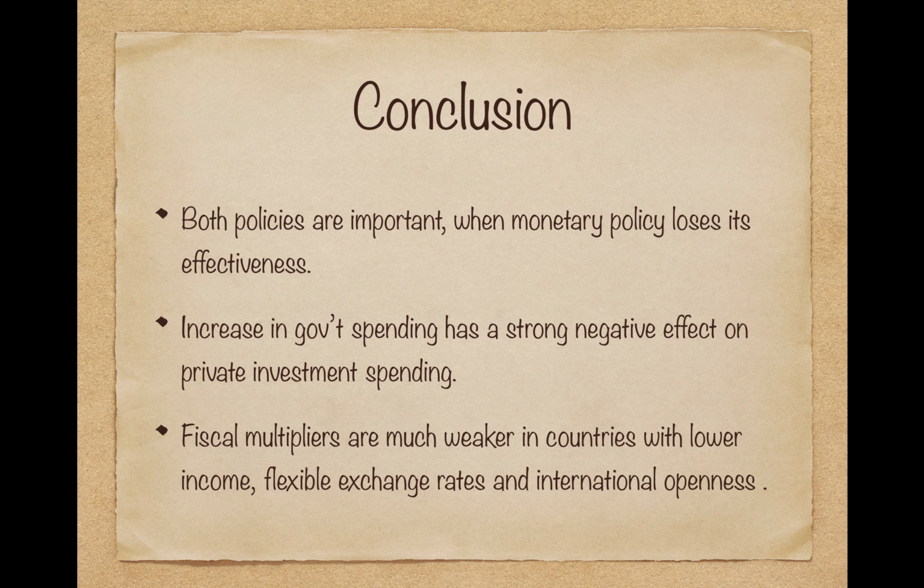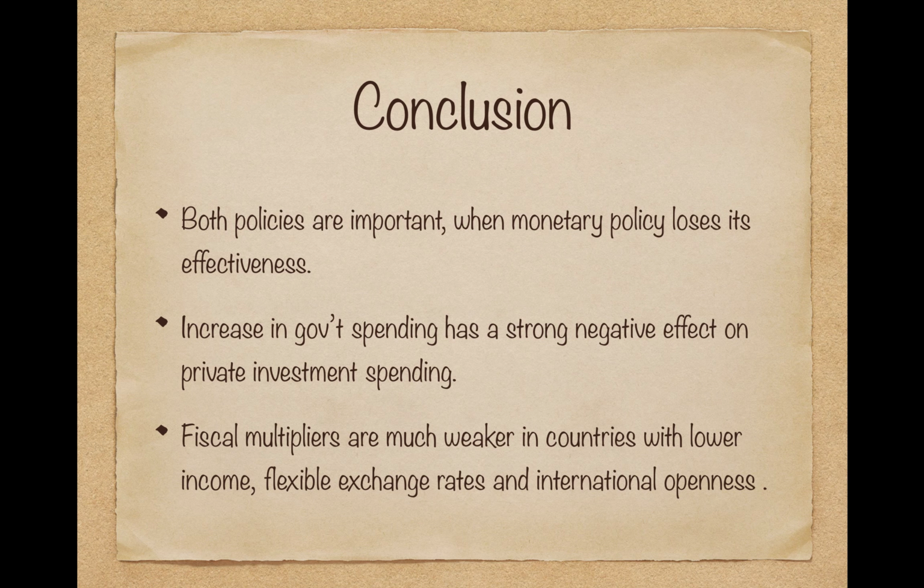Alright, so in conclusion, we're going to look at both policies once again, and we can clearly see that both of them are very important. But over time, the government expenditure program doesn't work. In the long run, it's not efficient, and we can see that increasing government spending will have a negative effect on private investment spending in the long run.